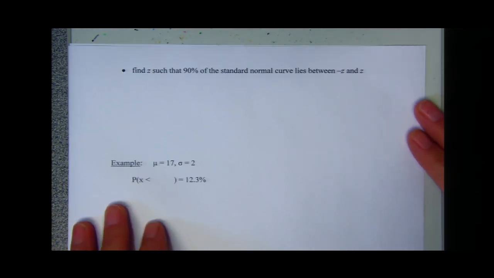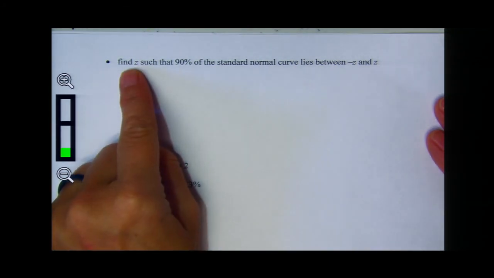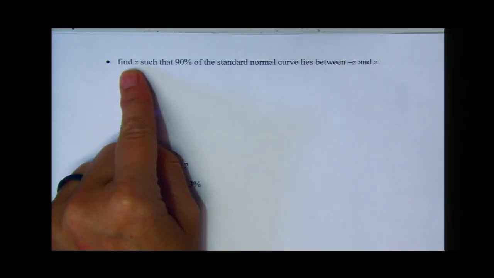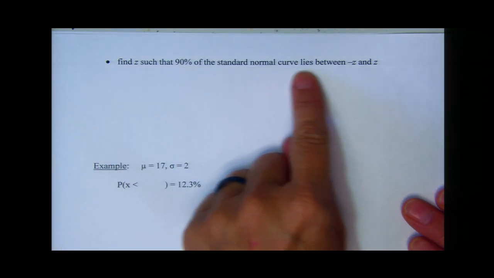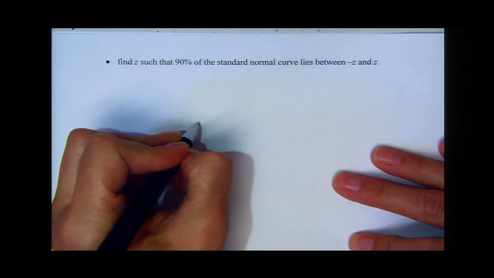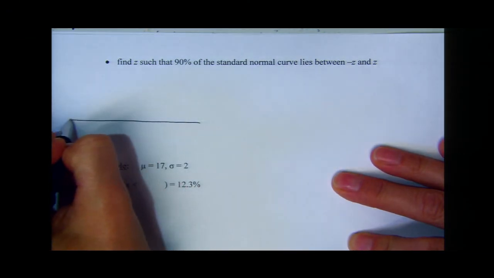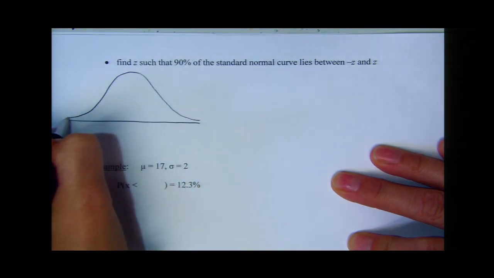And then we have another situation, and again, we're still finding z, but now 90% of the standard normal curve lies between 2 numbers. So now we're going to look at when the shading is between 2 z's.